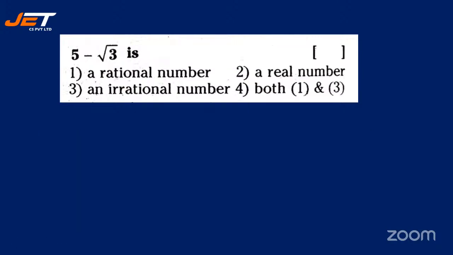5 minus root 3 is dash. It's a rational number, it's a real number, or it is an irrational number, or it is both a rational number and an irrational number. All right, is the question clear?